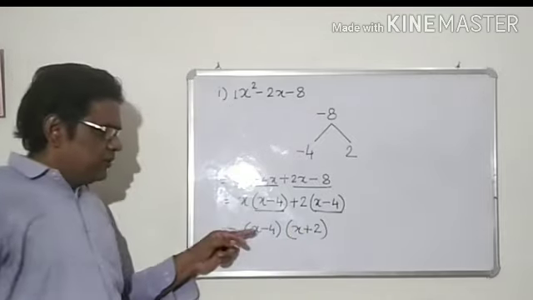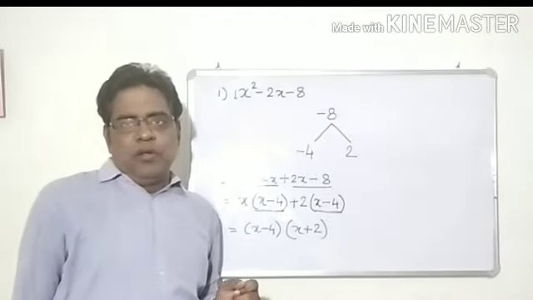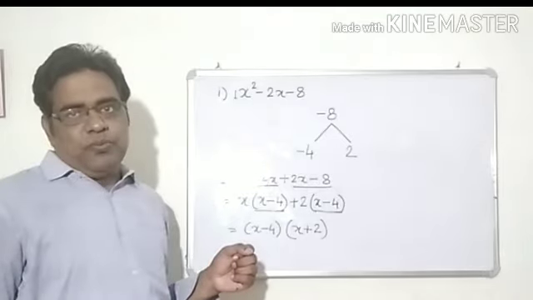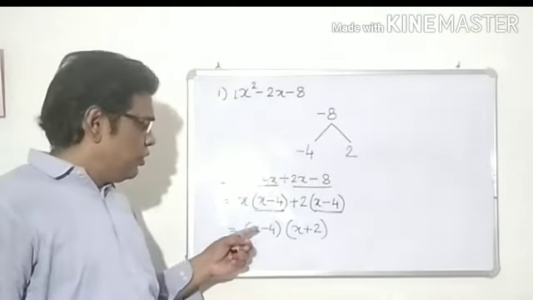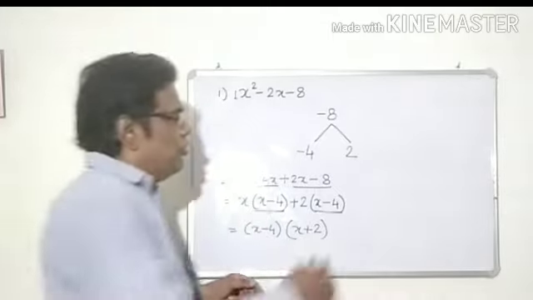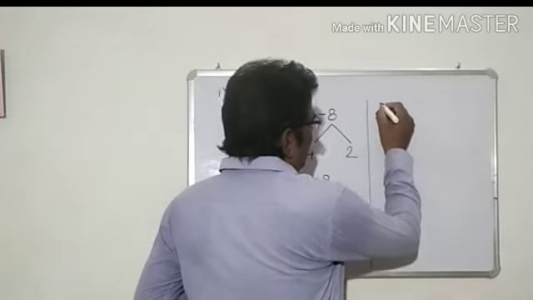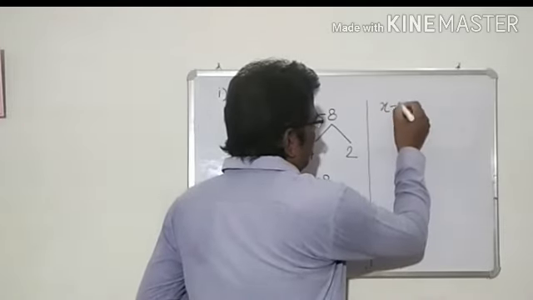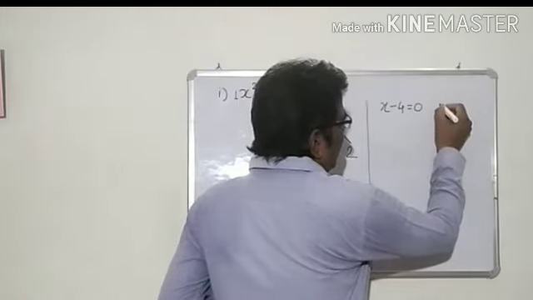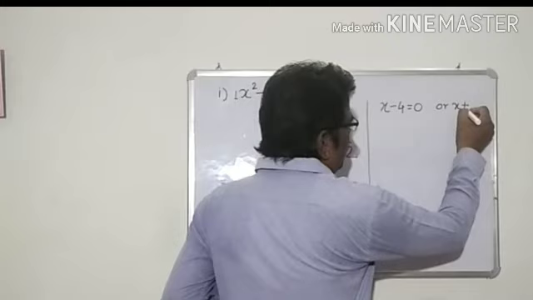So when you factorize this, you get x minus 4 and x plus 2. Now we have to find the zeros of this polynomial, so we'll equate this to 0. You write x minus 4 equals 0, or x plus 2 equals 0.